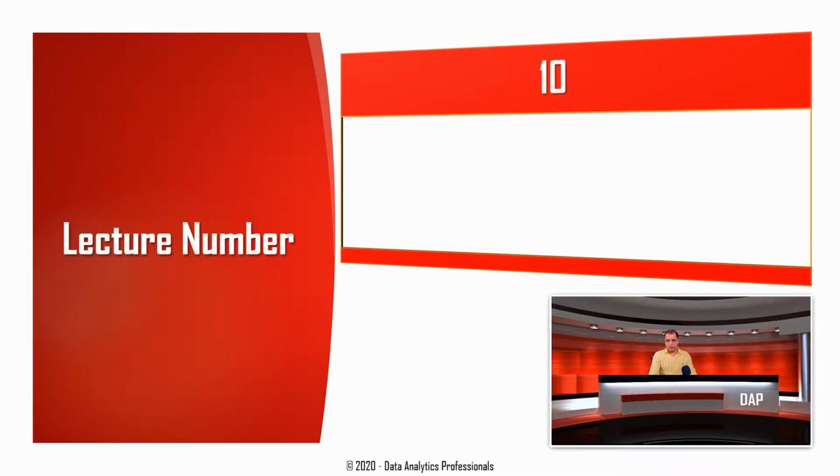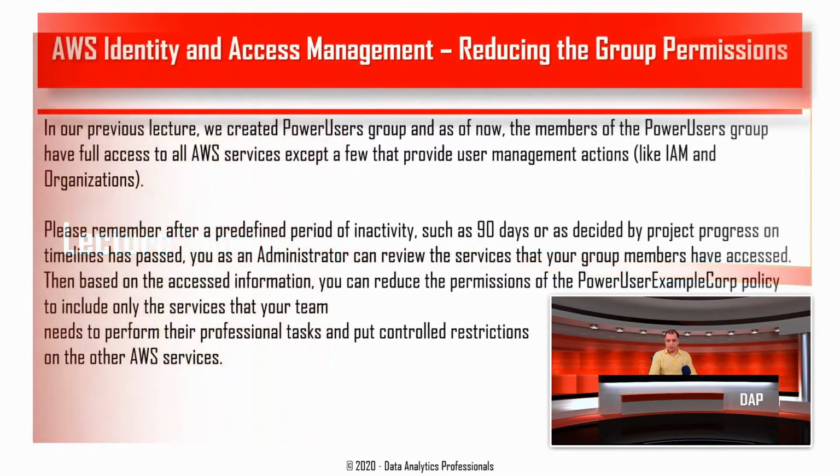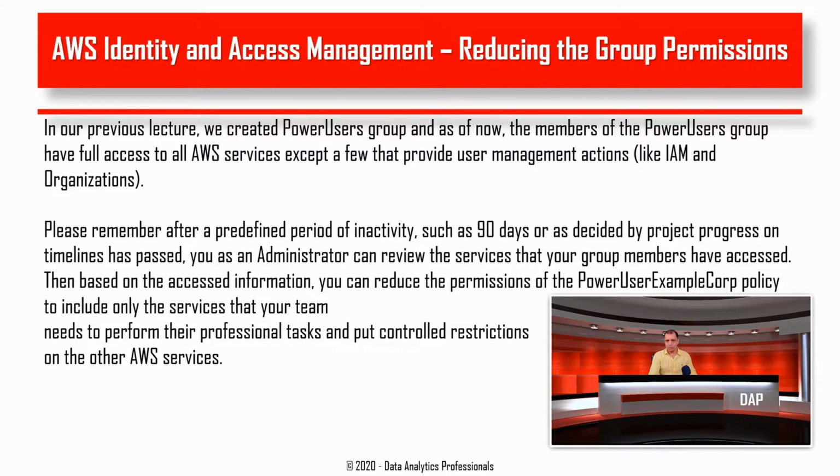This is lecture number 10 in this series, and to begin with, you should be aware that in our previous lectures we have completed certain tasks, and especially in our previous lecture, we created the Power Users Group, and as of now, the members of the Power Users Group have full access to all AWS services except a few that provide user management actions like IAM and Organizations.